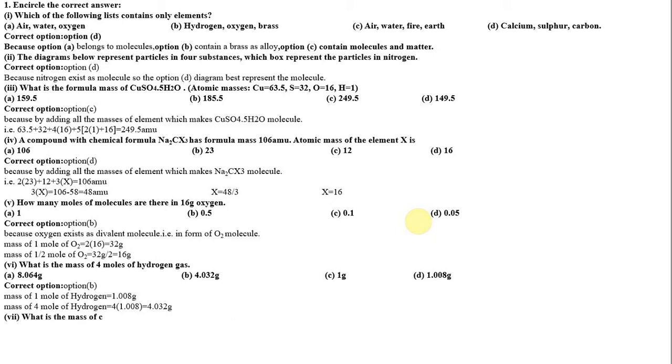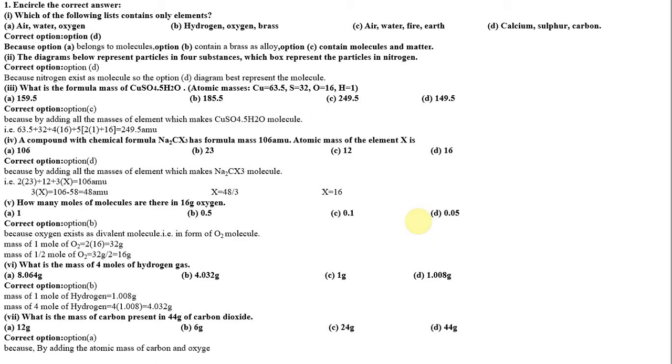Number 7. What is the mass of carbon present in 44 gram of carbon dioxide? A 12 gram, B 6 gram, C 24 gram, D 44 gram. Correct option is option A, because by adding the atomic mass of carbon and oxygen we get the atomic mass of CO2.